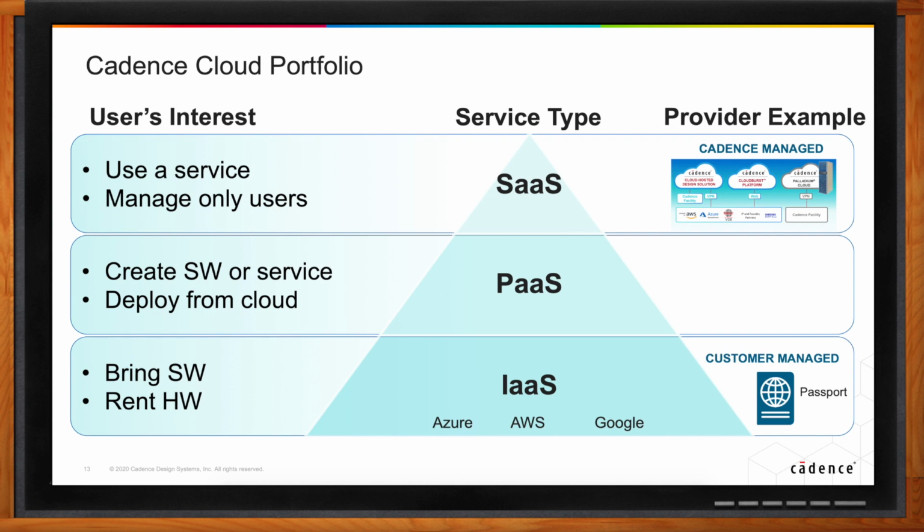So all of the Cadence managed offerings that we just talked about, whether it's cloud hosted or CloudBurst, and even Palladium Cloud, are more analogous to software as a service than anything else. That's a convenient way to think about how the Cadence offerings map to traditional cloud services from the portfolio perspective.